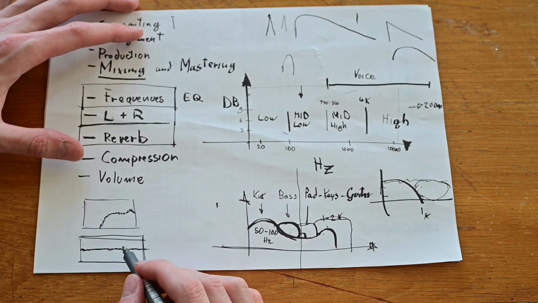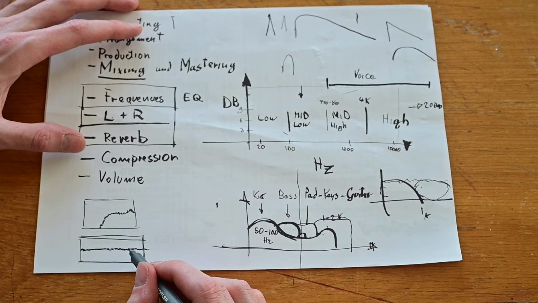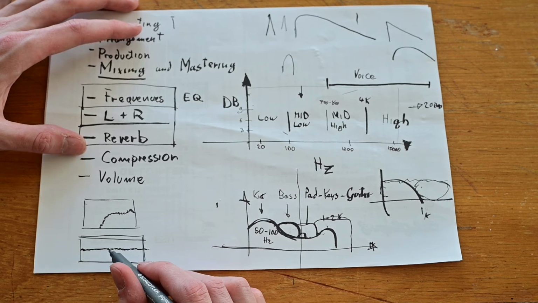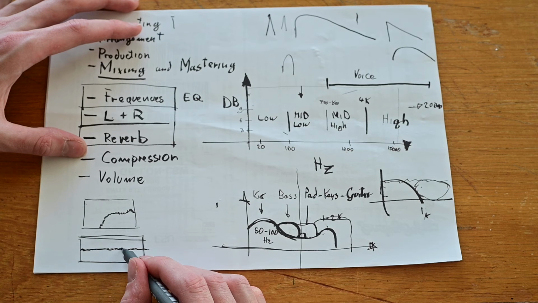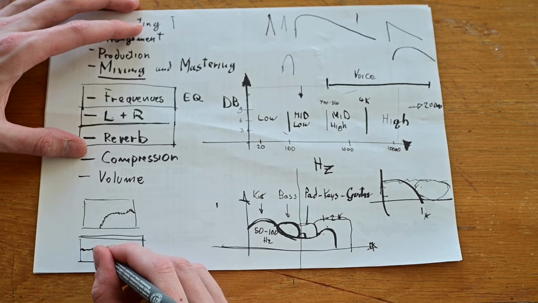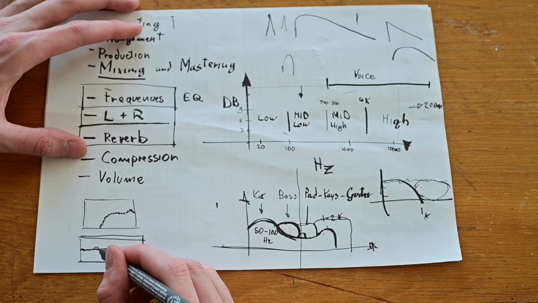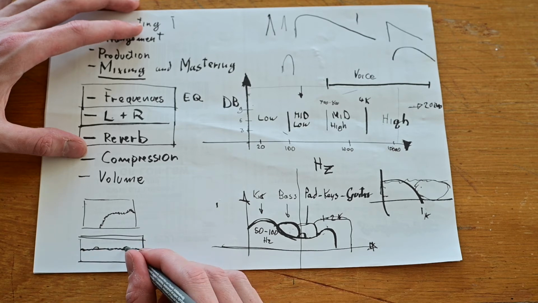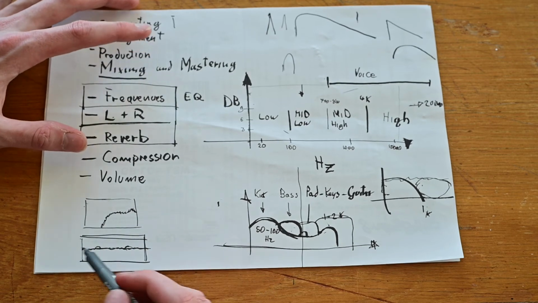Because obviously, depending on what speakers you use and what headphones you listen to, there will be some frequencies that will be exaggerated. There will be some resonating frequencies. So you maybe have one of the low frequencies that will resonate a bit, or one of the high frequencies that will resonate.